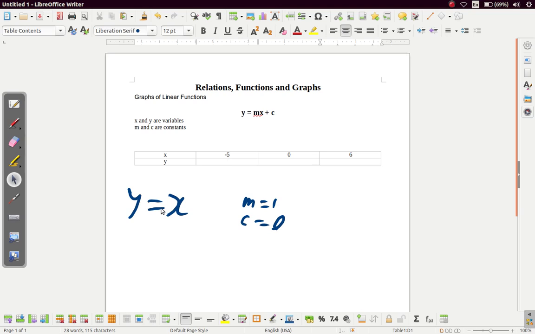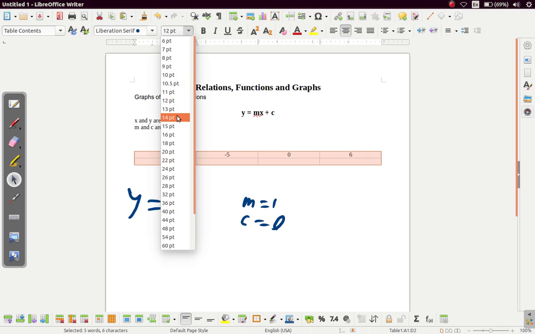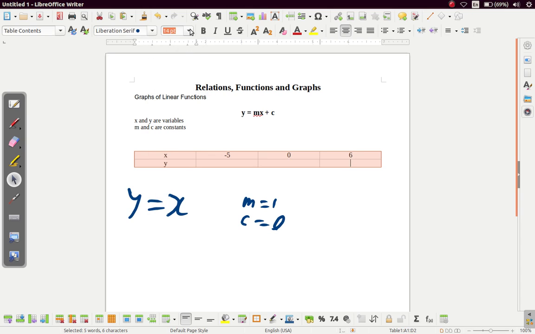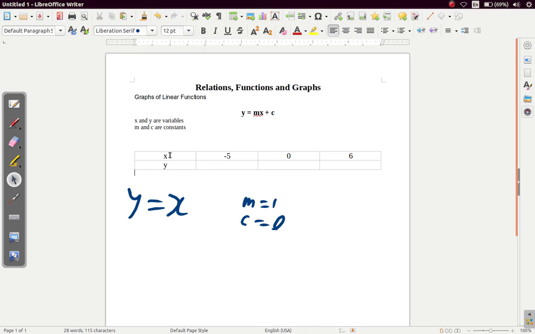Now, y is equal to x. We have x values and we want y values. Let me increase the size of my numbers so you can see them more clearly. X and y.